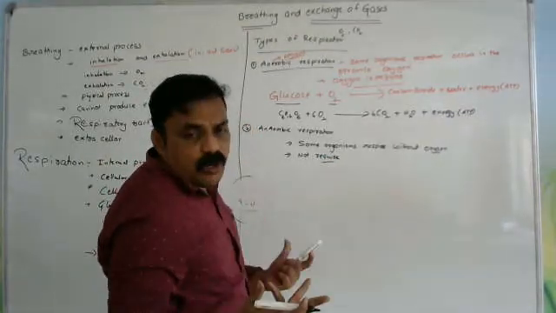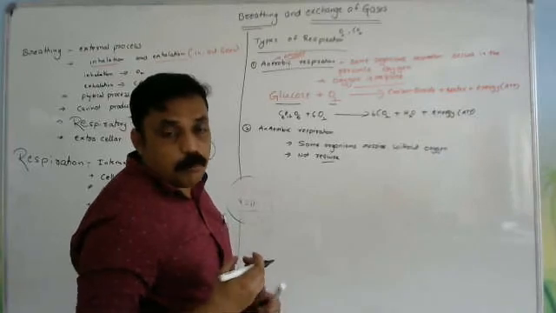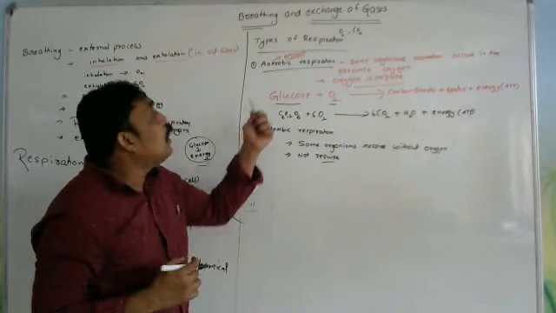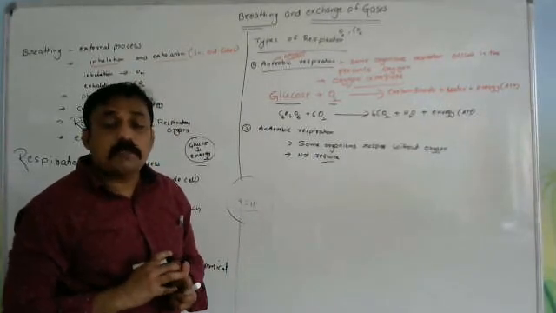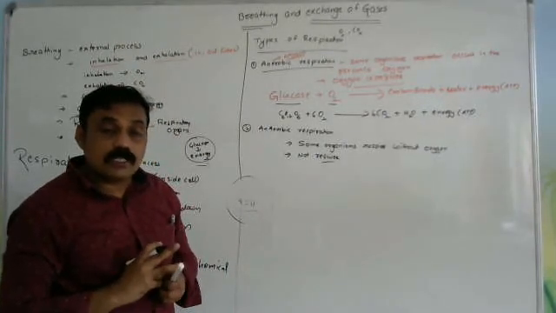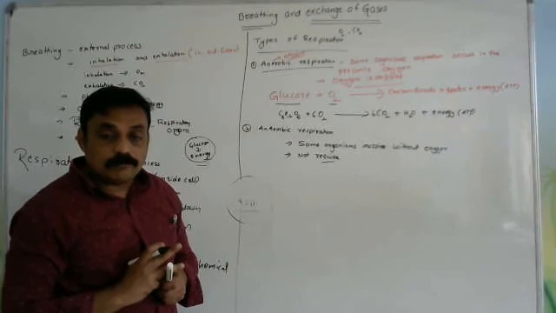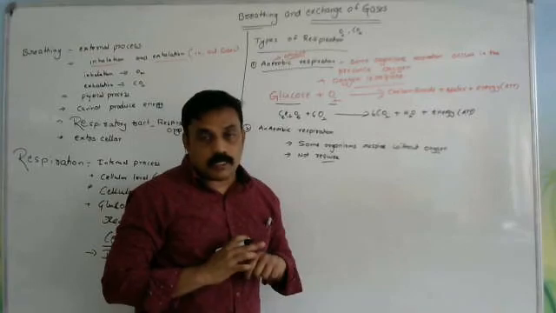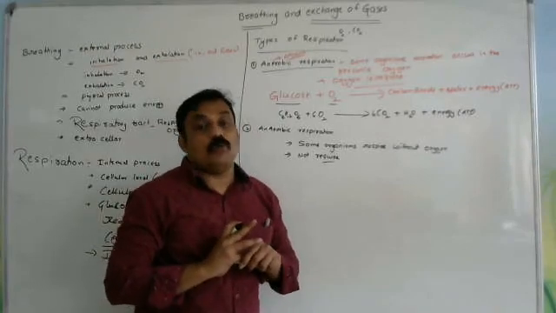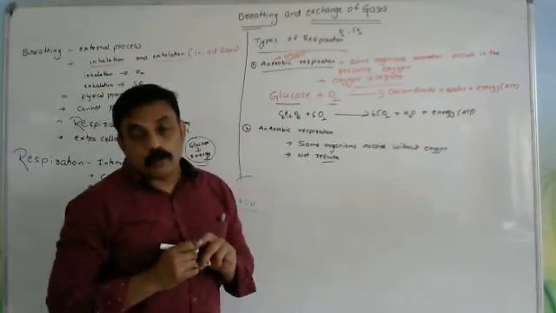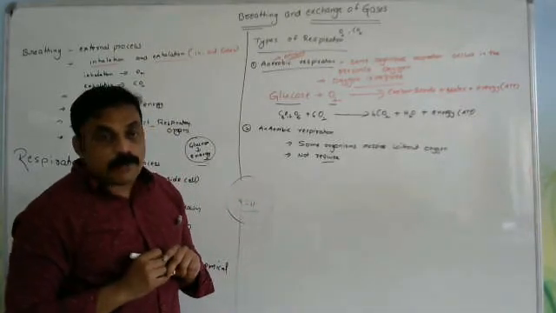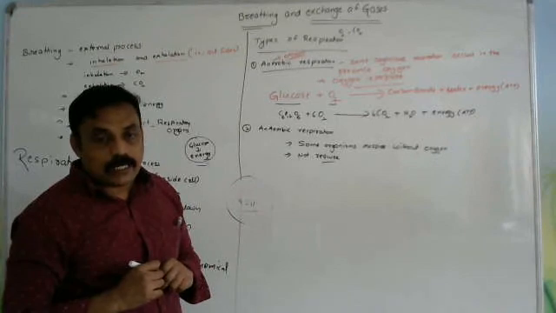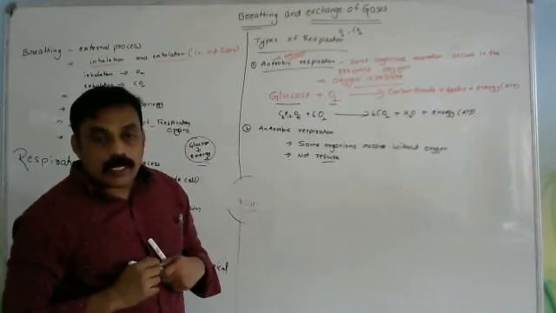Most organisms, 90 to 99 percent, are aerobic respiratory organisms. That means most organisms respire in the presence of oxygen. But some organisms break down glucose molecules without oxygen. That type of organism we call an anaerobic respiratory organism.